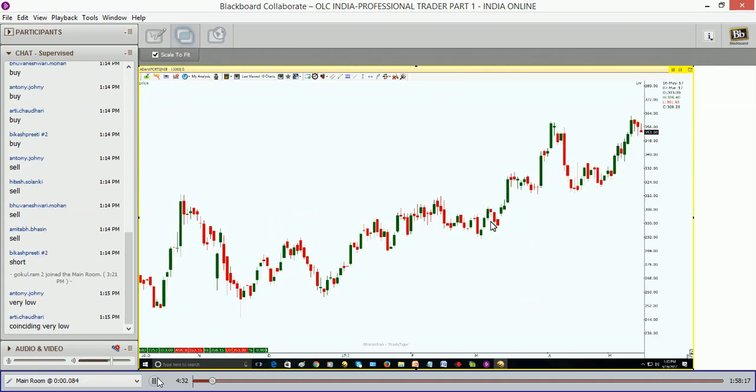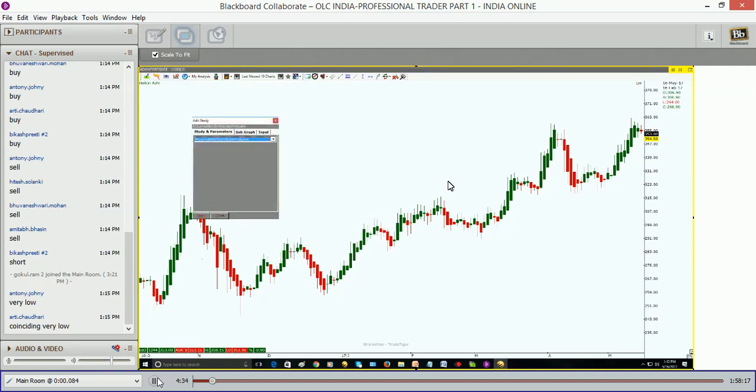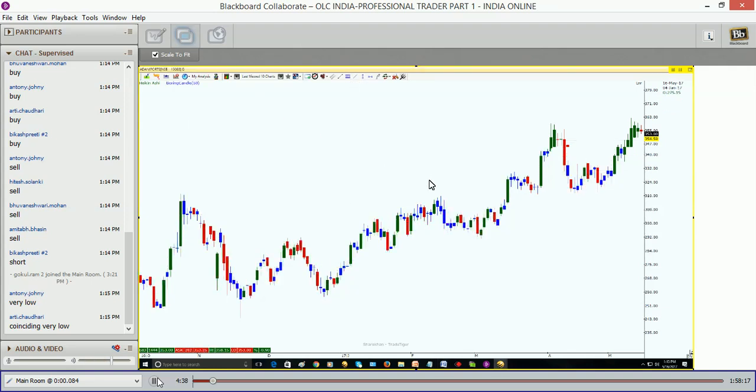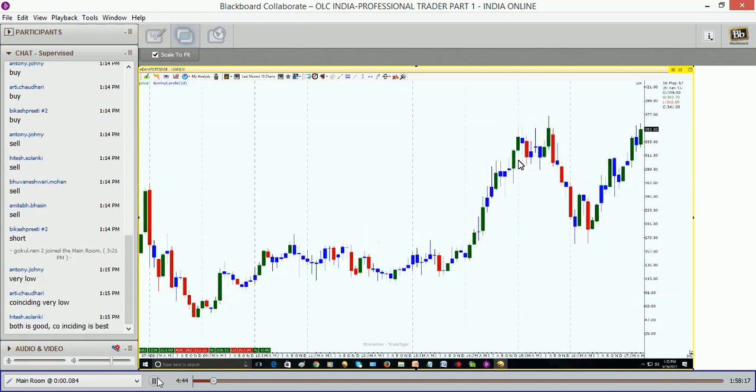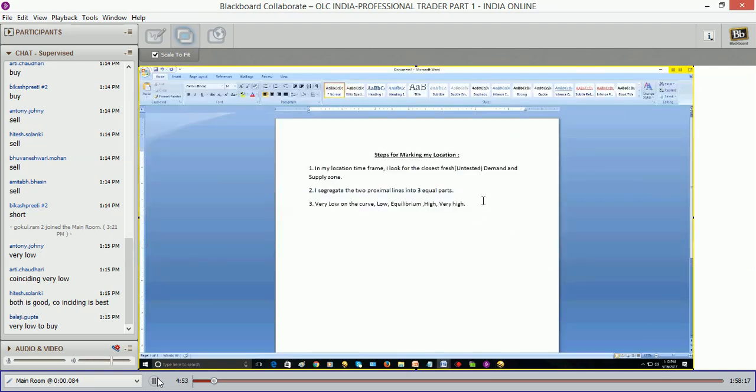Very low, says Anthony. Coinciding, very low, says Aarti. Both is good, coinciding is best, says Hitesh. Very low to buy. Absolutely perfect.